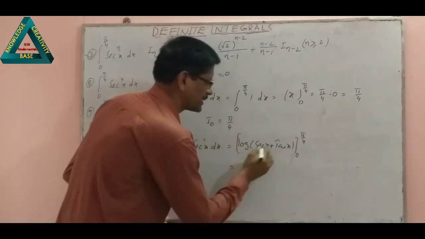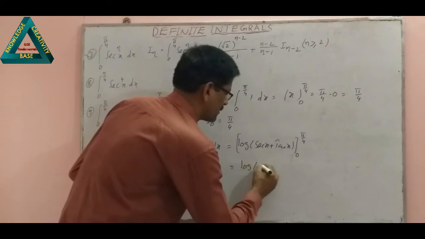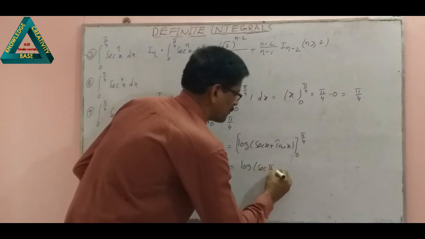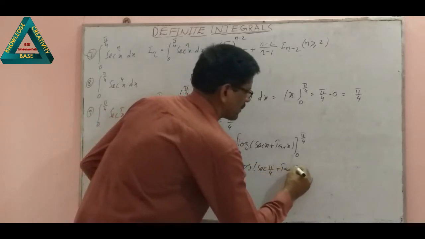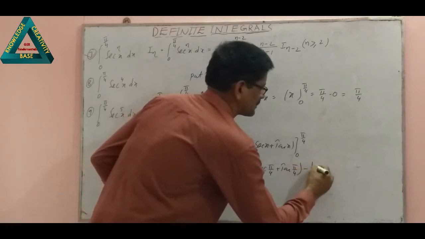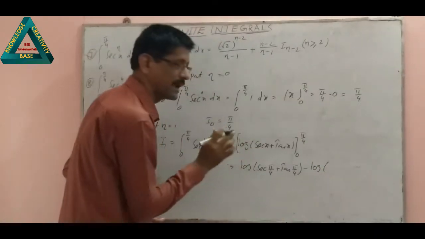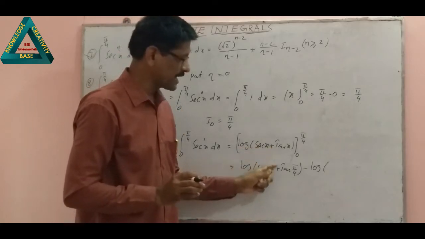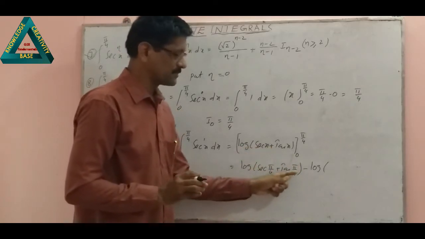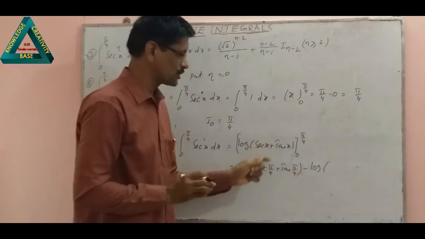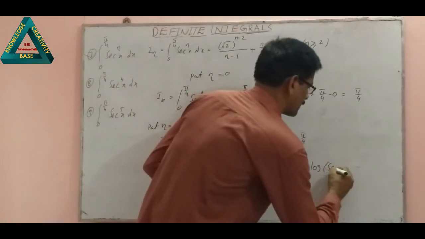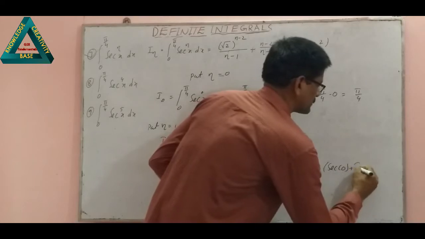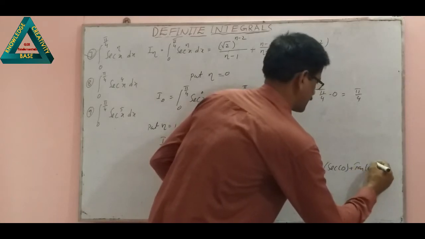First substituting the upper limit: log of secant pi by 4 plus tan pi by 4, minus log of the lower limit. Where x is there, first substitute the upper limit, that is log of secant pi by 4 plus tan pi by 4, minus the lower limit, where x is there, that equals log of secant 0 plus tan 0.